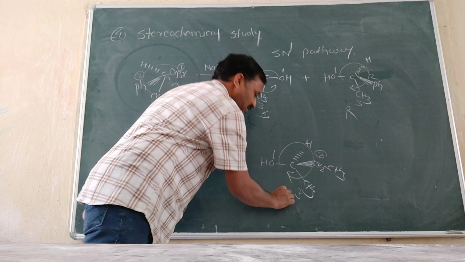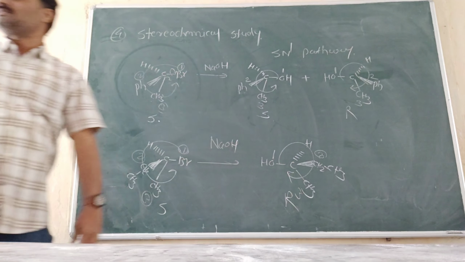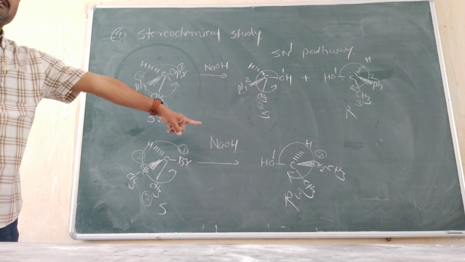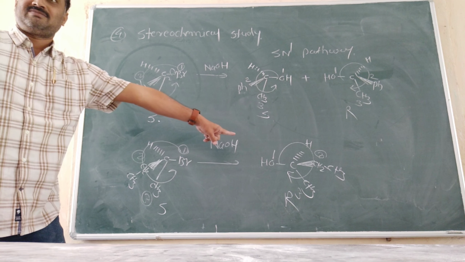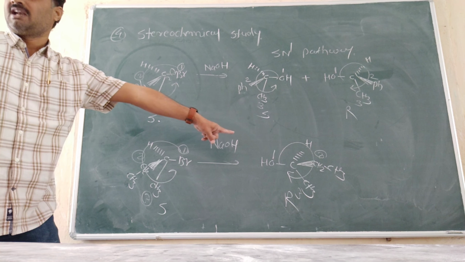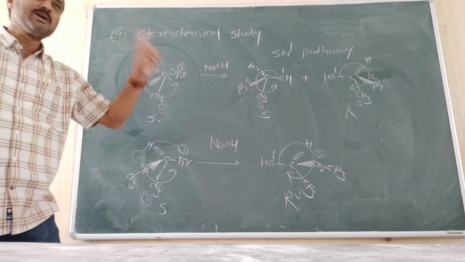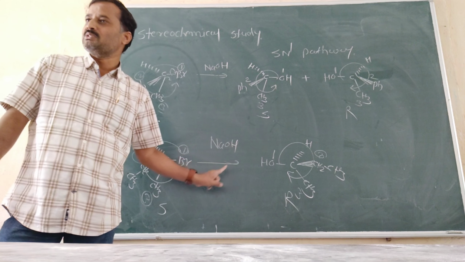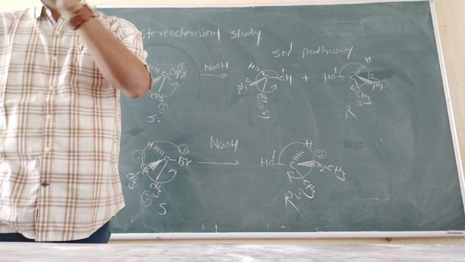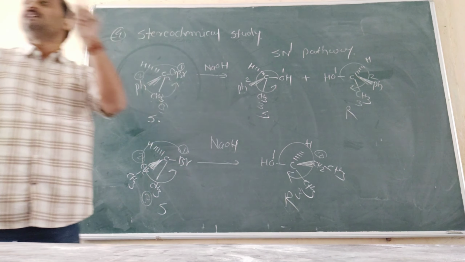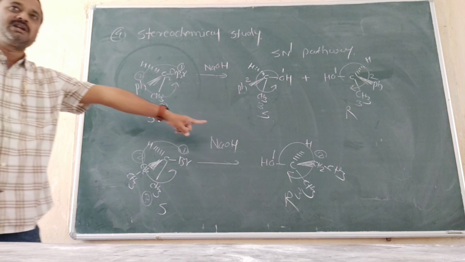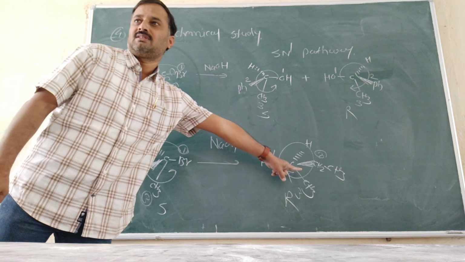That is clockwise direction. Therefore, this is the R alcohol. Means there is 100% inversion. Therefore, what is your conclusion? This reaction follows SN2 pathway. The mechanism of this reaction is like SN2 reaction, because there is 100% inversion of configuration in the product.